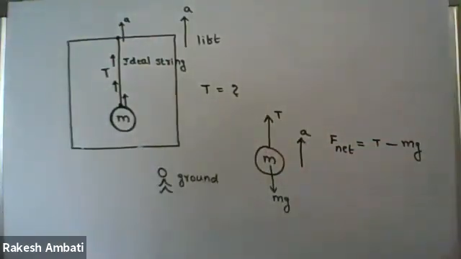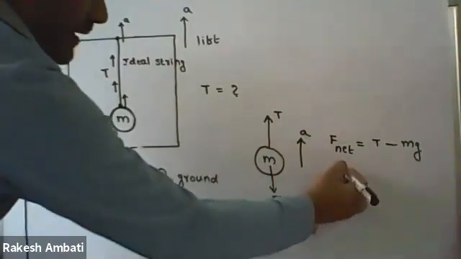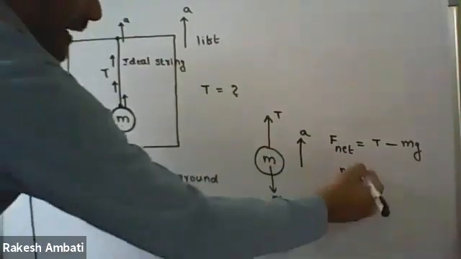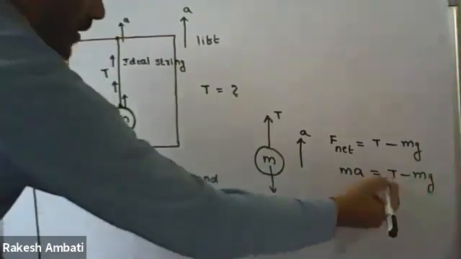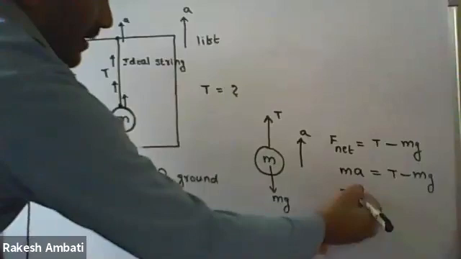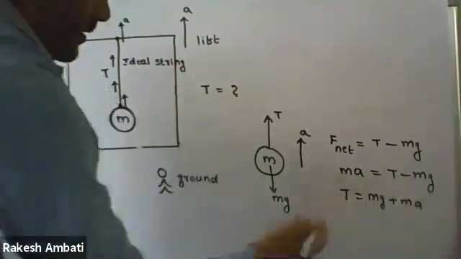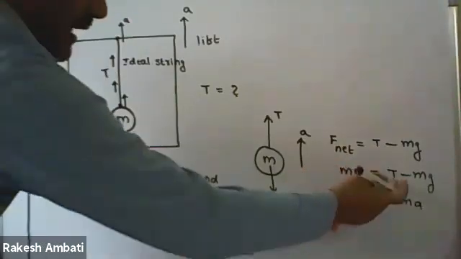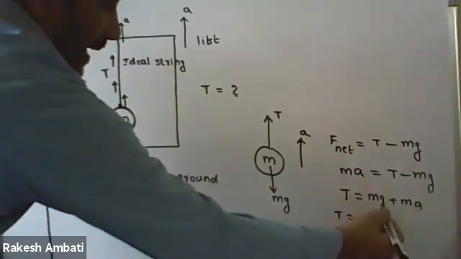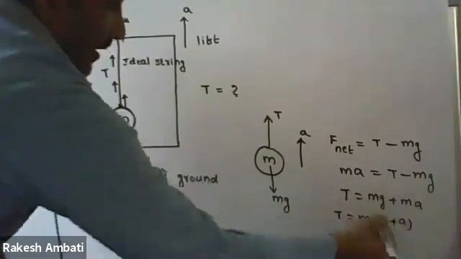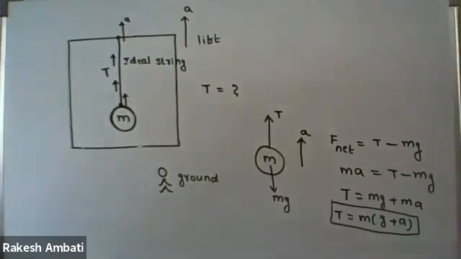To find the tension, T equals mg plus ma. Taking m common, T equals m times (g plus a). This is the value of the tension force in the string.